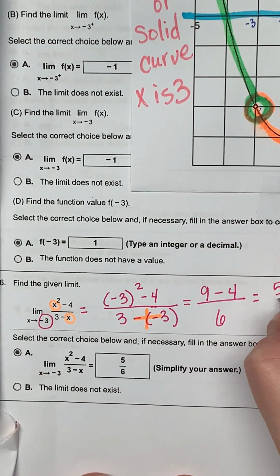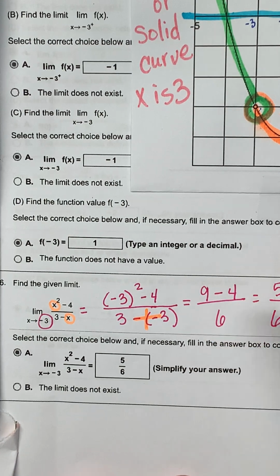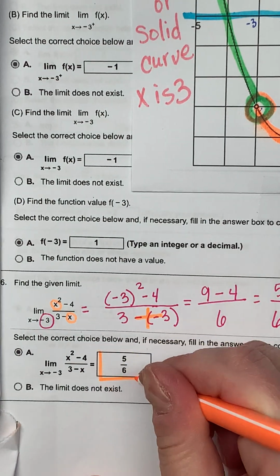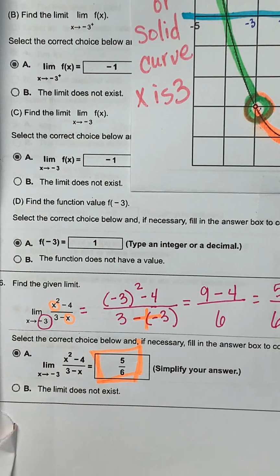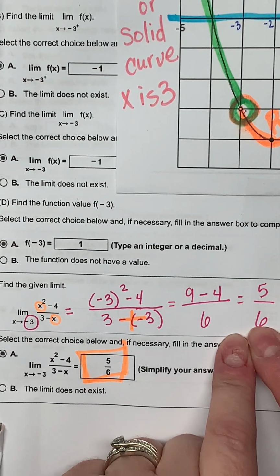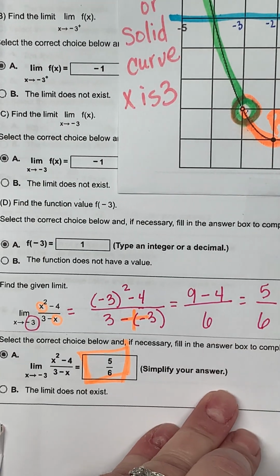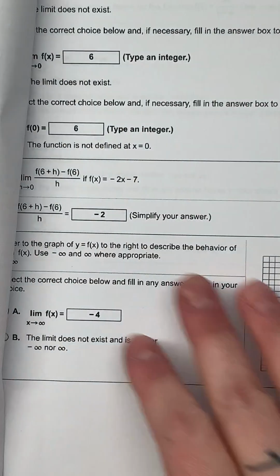So the top is 5 and the bottom is 6, and hot dog, that's your answer, 5/6. If we would have gotten a 0 in the bottom instead of that 6, then we would have to do something else.